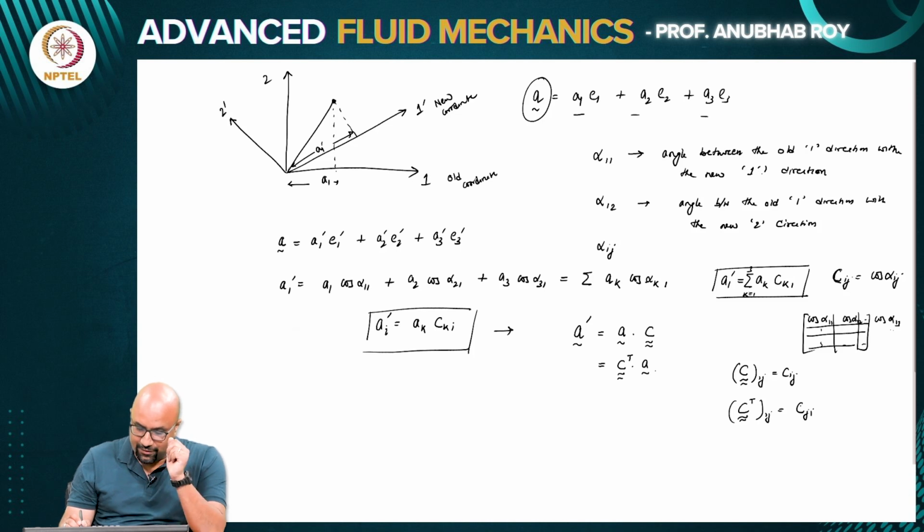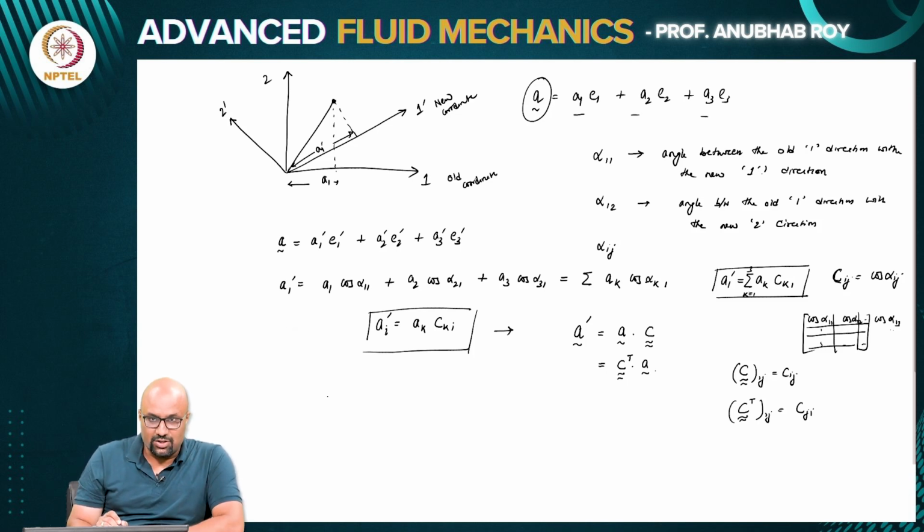So, you have now the relation we have drawn in terms of how this vector transforms under coordinate transformation. Since this is a rotation matrix, this transformation is an orthogonal transformation.